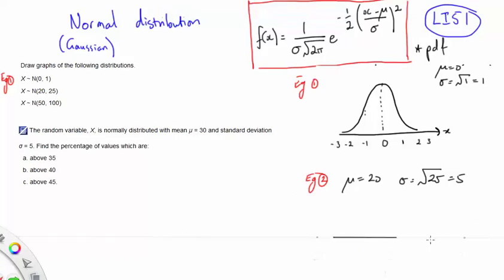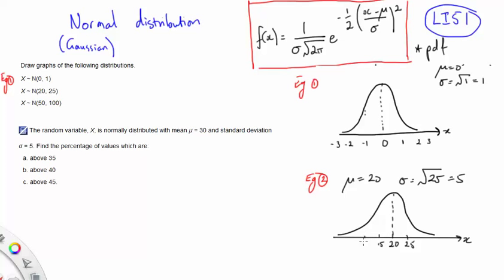Let's sketch this one. Okay, so that's our x-axis. We don't care about y, it's not important. Let's draw our bell-shaped curve. Just drawing any bell shape here. And our mean is 20 and our standard deviation is 5, so it's going to be about 25 there. It's going to be about 15 there.